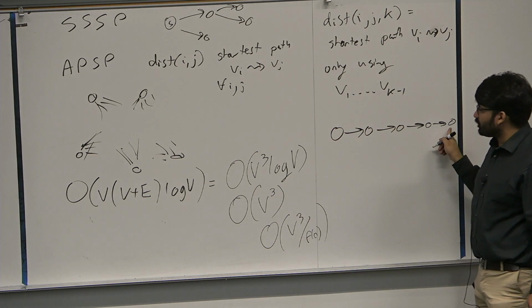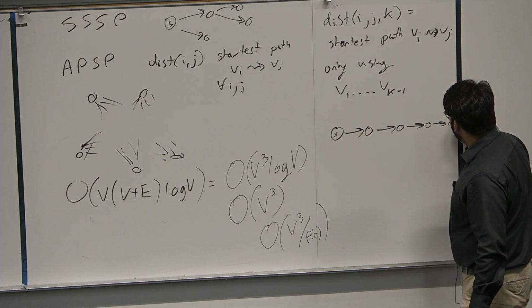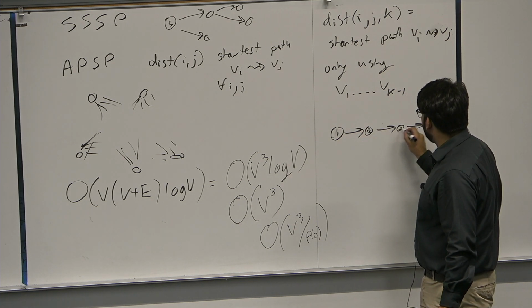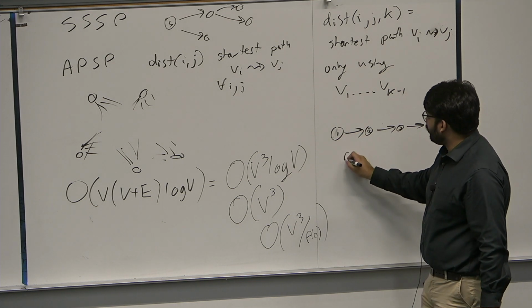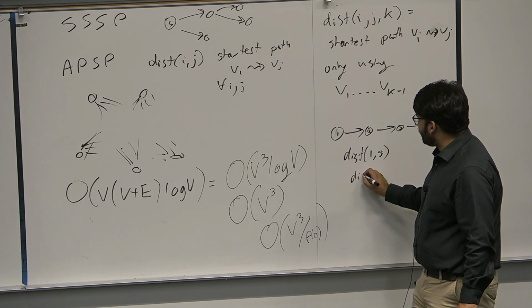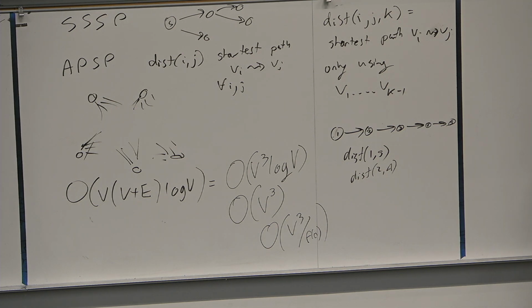If you know this is the shortest path to here, let's say this is S, we'll name these 1, 2, 3, 4, and 5. You know something about the relationship between dist 1 and dist 5 and dist 2 and dist 4, right? What do you know about the relationship between these two values?